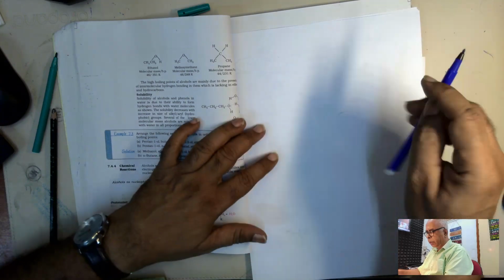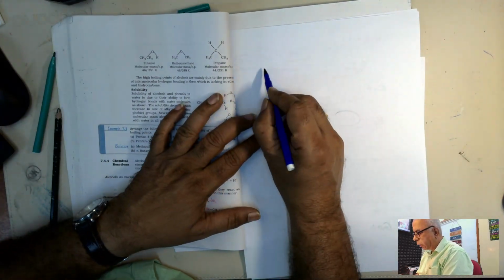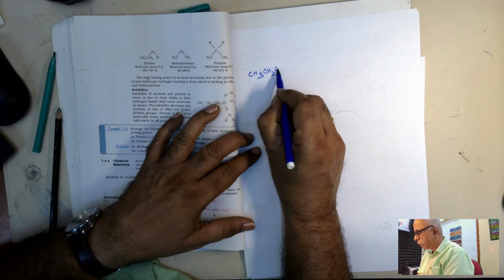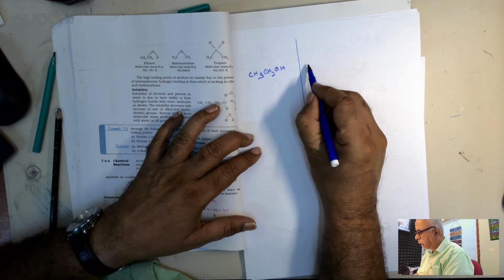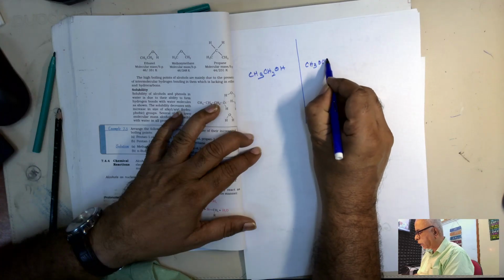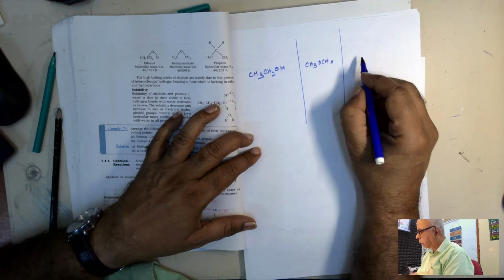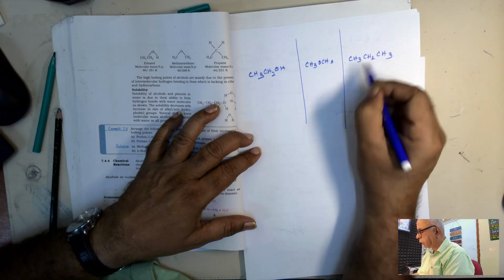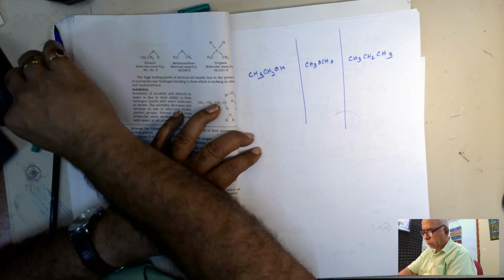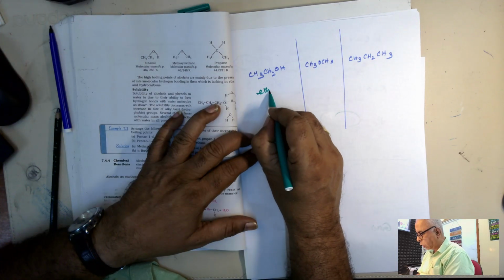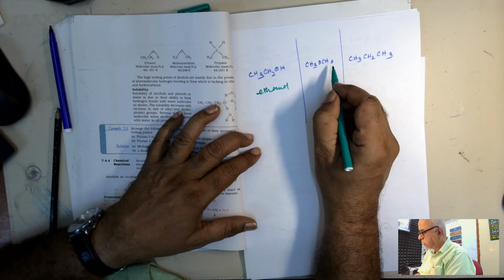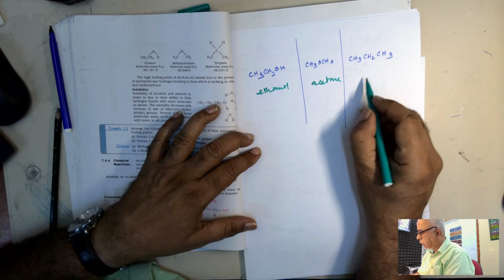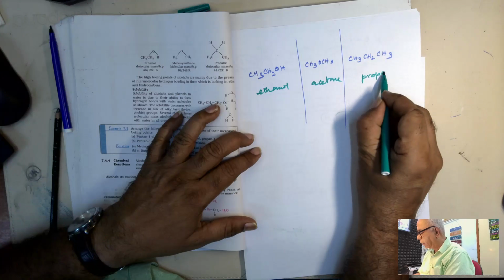Let us compare the boiling points of CH3CH2OH, which is alcohol, that is ethanol; then CH3COCH3, which is acetone, a ketone; then CH3CH2CH3, which is propane, an alkane.